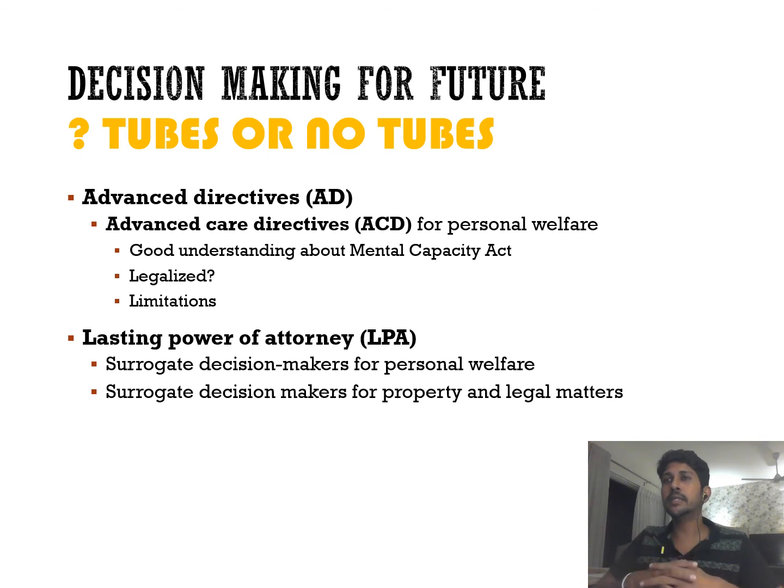So we can appoint a surrogate decision maker legally, or what we frequently have in Sri Lanka are default surrogates. We do not have legal means of appointing a surrogate, but we usually have default surrogates. Okay, so this elderly woman has breast cancer, and she does not have the mental capacity to decide on the ventilatory support.